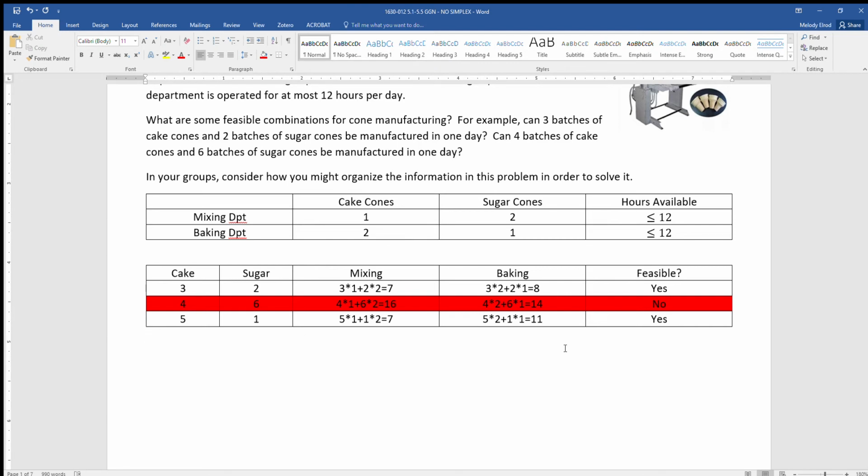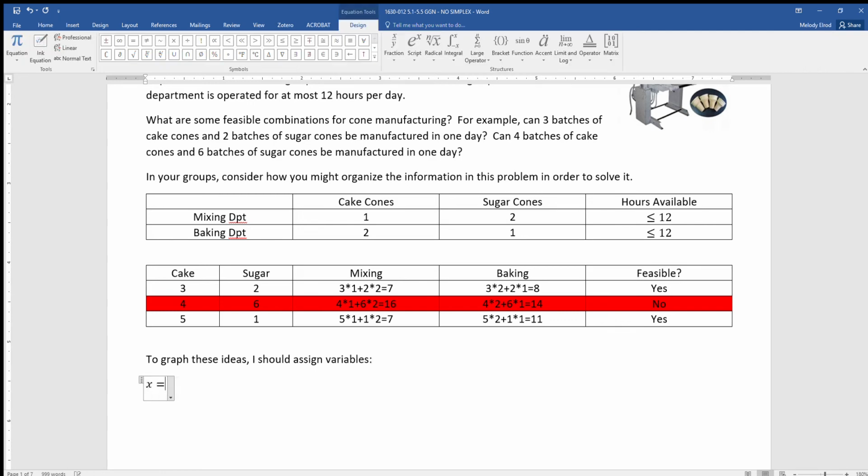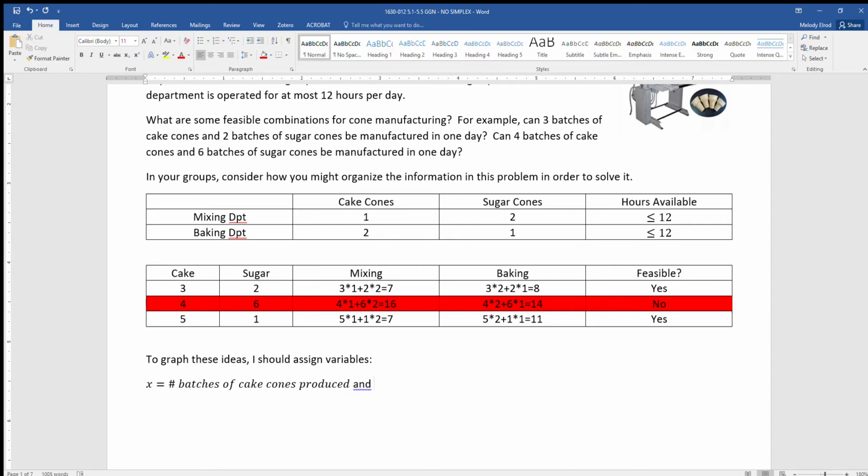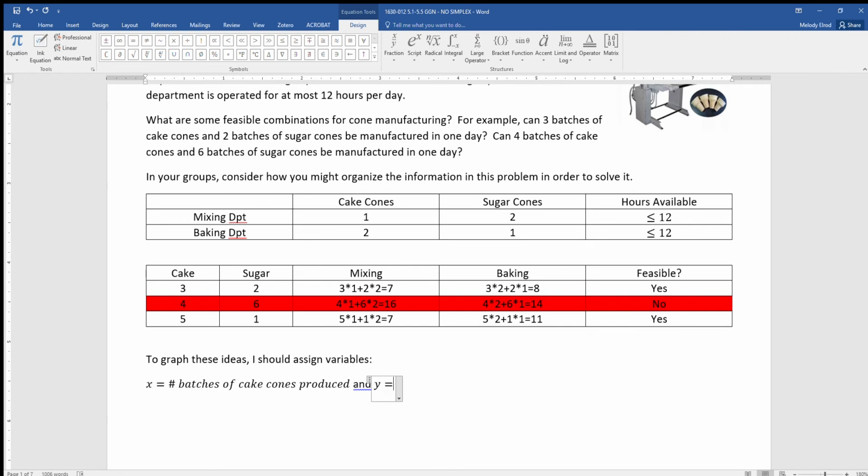So to graph these ideas, I need to assign some variables. So perhaps I say that X is the number of batches of cake cones produced, and Y is the number of batches of sugar cones produced.